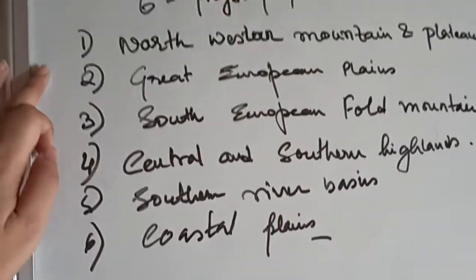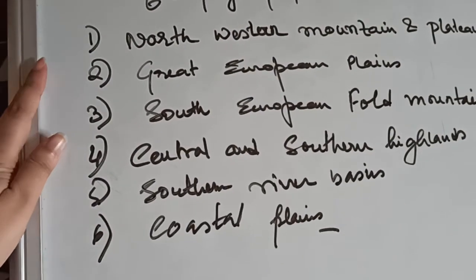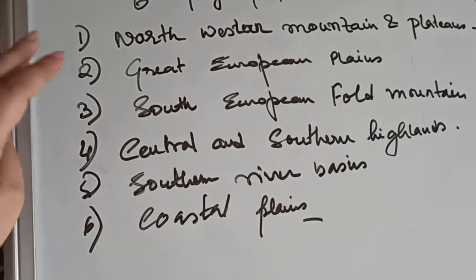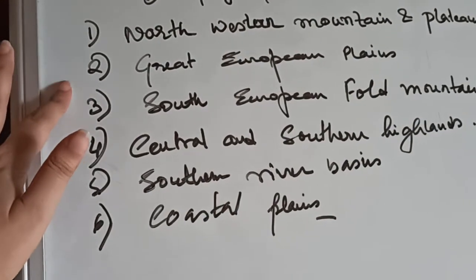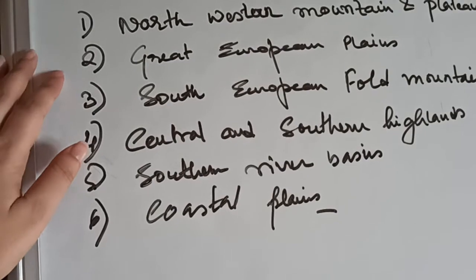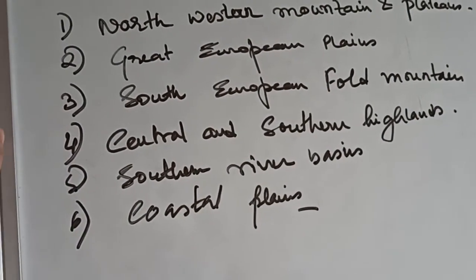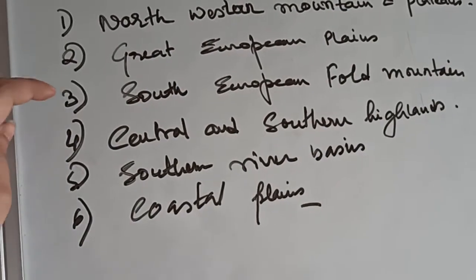Number 1 is the northwestern mountains and plateaus, means the mountains and plateaus located in the northern and western section of Europe. Then we have the Great European Plains, present specifically in the central northern portion of Europe.